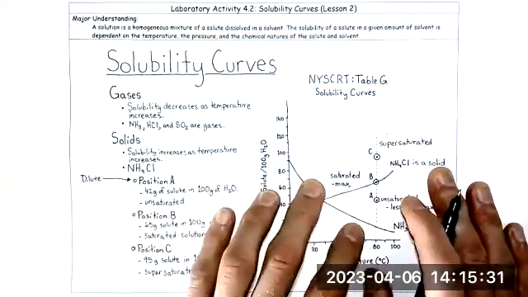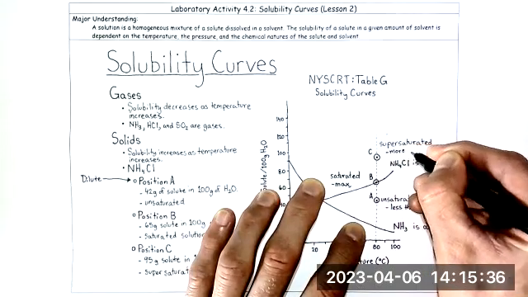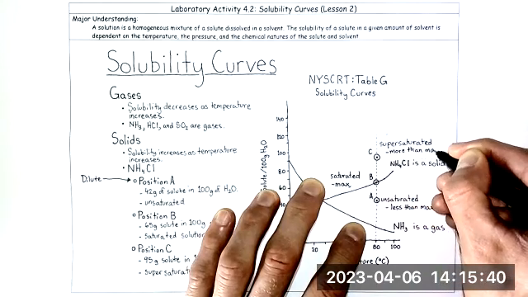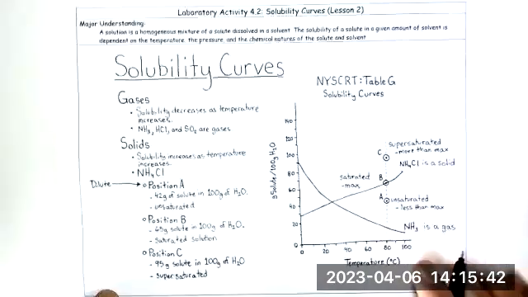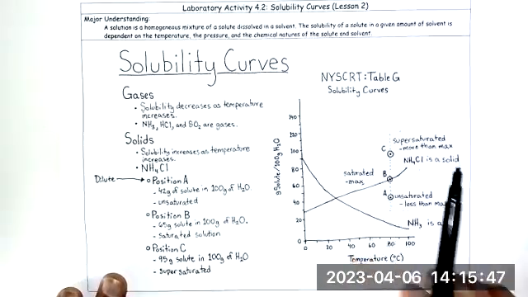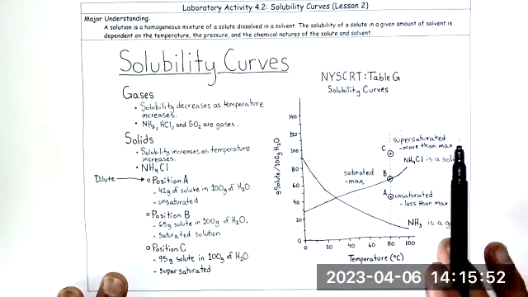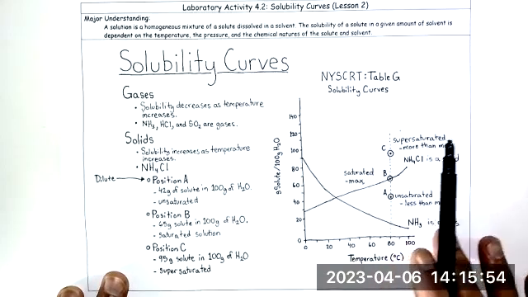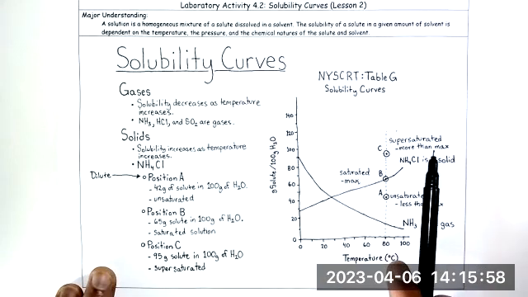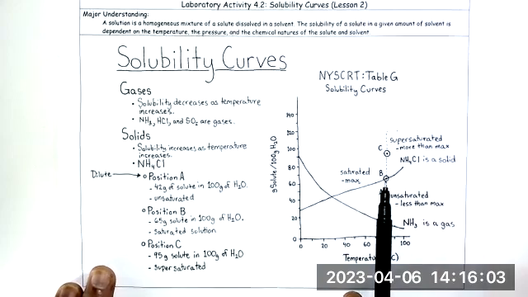And what that means is we actually have more than the maximum. Okay, which is kind of a difficult concept to understand, but it's possible if we heat up a solution and then add enough solute that it becomes saturated and then allow it to slowly cool, that we can actually dissolve more than what would be considered the maximum amount of solute.